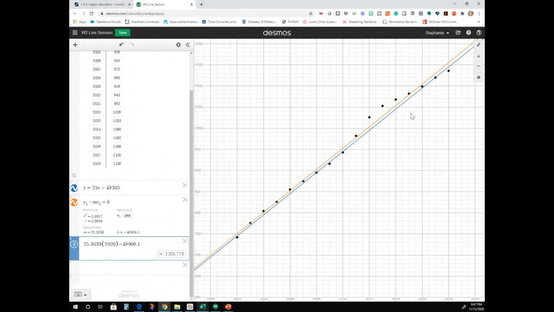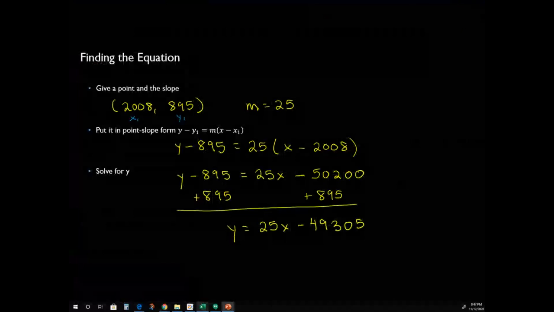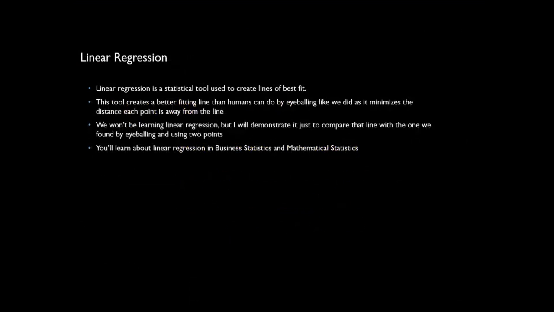But this is just demonstrating technology and how we have a procedure to come up with the best line, but you can do it by hand, which is what I did. So again, if you go on to take business statistics or mathematical statistics, you'll learn a lot more about this. And in real life, you'll basically be using linear regression most of the time.